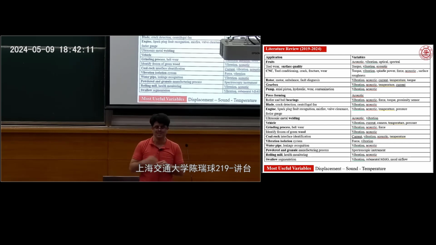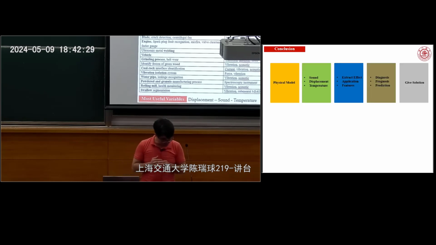The next one is sound. Sound is very good feedback if you want to get data and after that do data mining approaches. And the third variable is temperature, which is very suitable to examine your system.